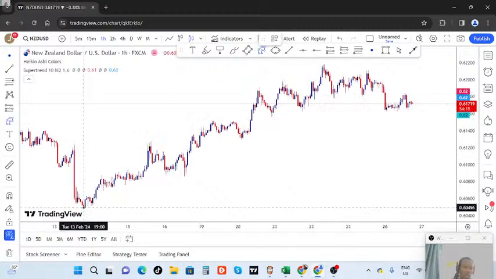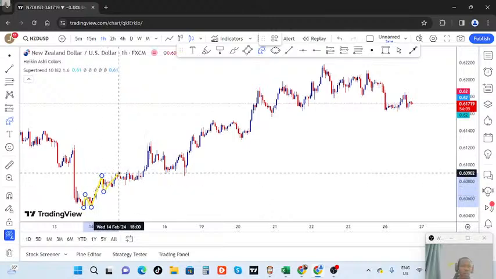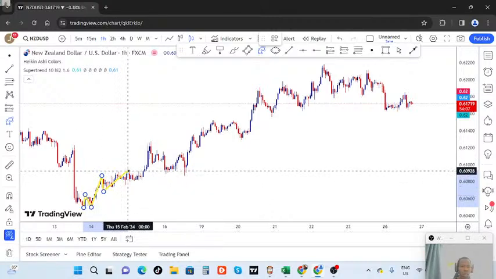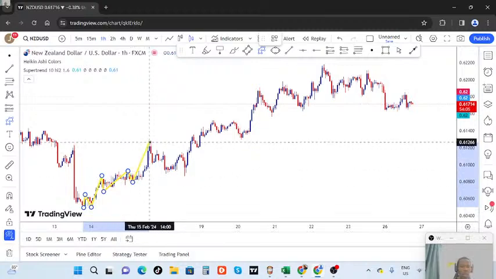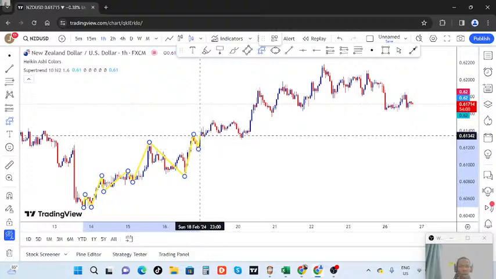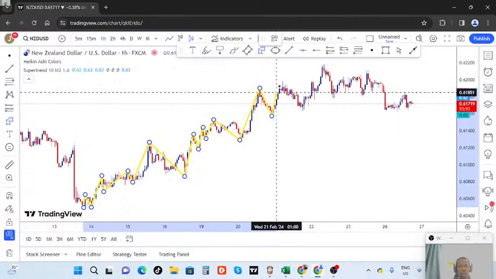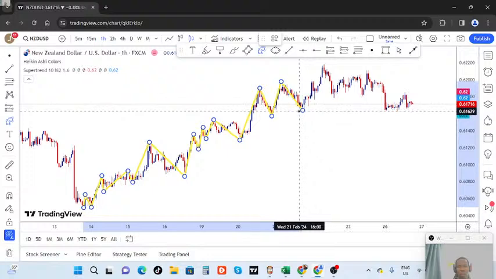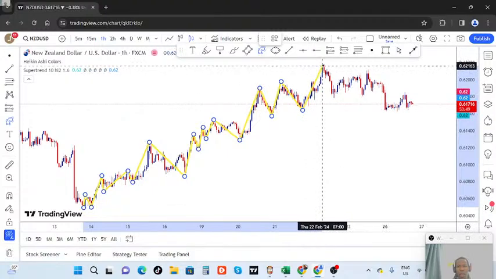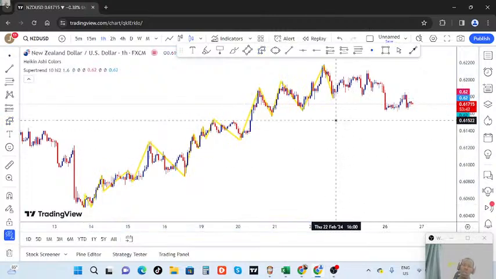The market was making a short-term uptrend, higher highs, higher lows right here, low, high, low, high, low, high, low, and this was where the market stopped back in time.